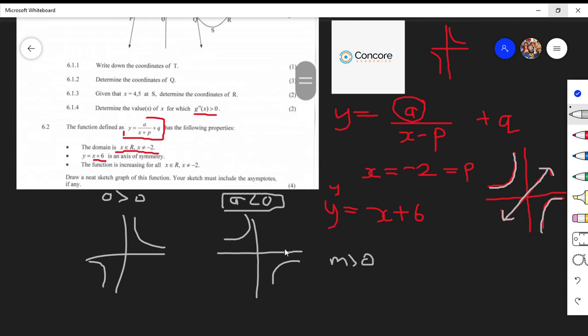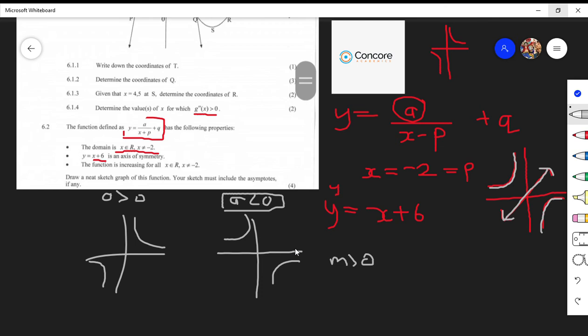So like I said before, whenever a is less than 0, the gradient of your axis of symmetry is going to be positive. And whenever a is greater than 0, the gradient of your axis of symmetry is going to be negative. It's always the opposite. You can't have a positive gradient for your axis of symmetry and a positive a value.